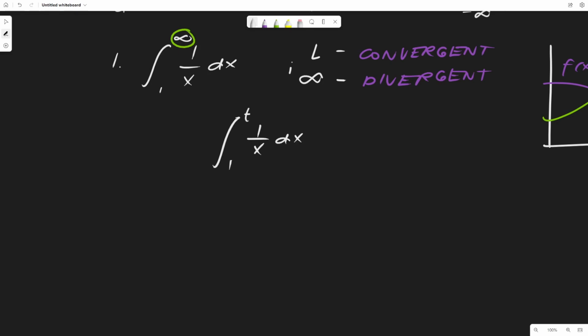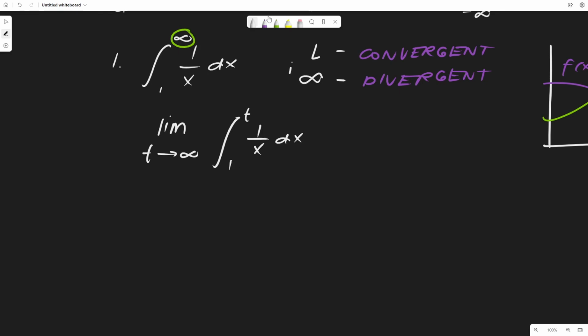But what do we do with the infinity? We make it a limit: the limit as the variable t approaches infinity. This is read as the limit of the integral of 1 over x dx from 1 to t as t approaches infinity. That is how we solve improper integrals.